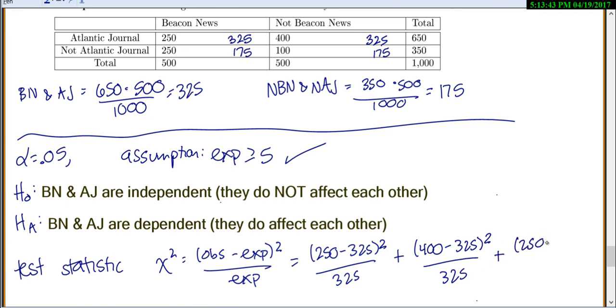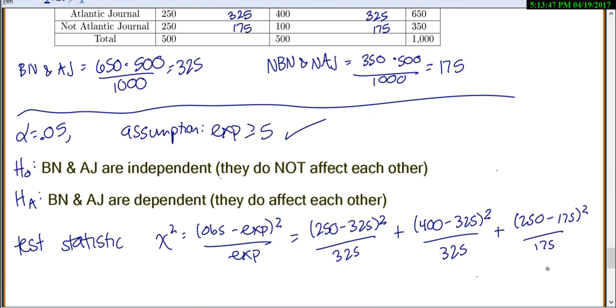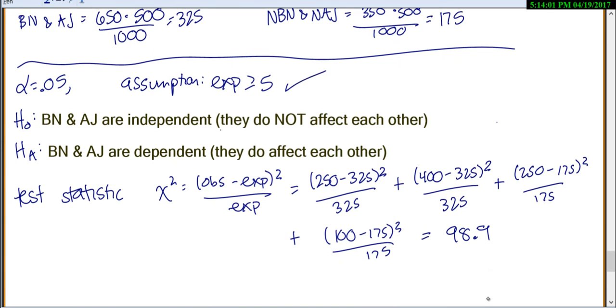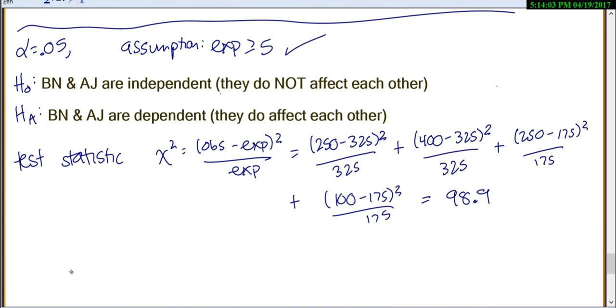And 250 minus 175 squared over 175. Plus, my last one is 100 and 175. 100 minus 175 squared over 175. Which gives me 98.9. That's a huge chi-squared value as well.